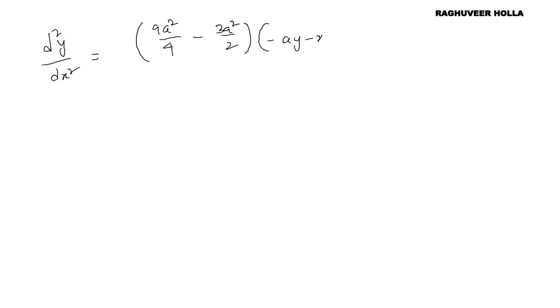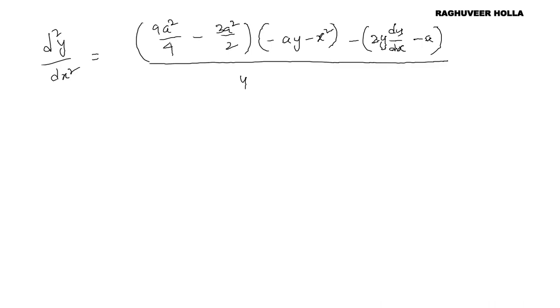So we get d square y by dx square, which is 9a square by 4 minus 3a square by 2, into minus ay minus x square, minus 2y dy by dx minus a. This whole thing is divided by y square minus ax whole square.